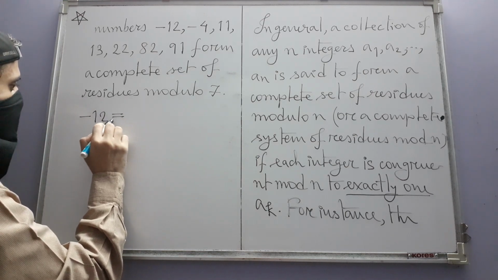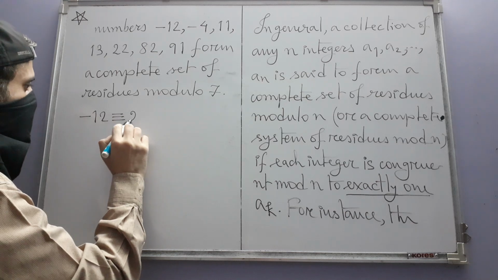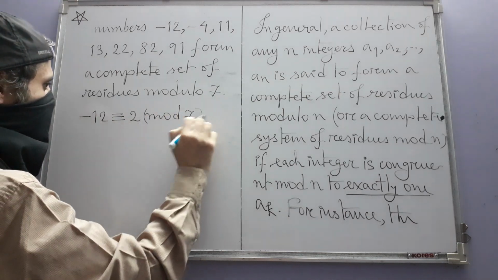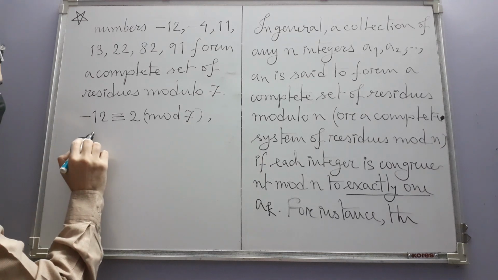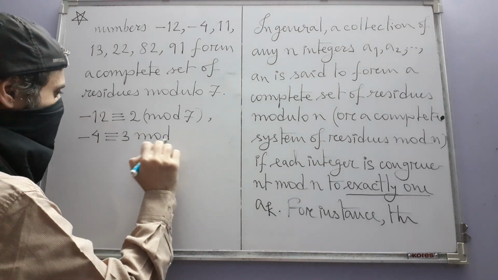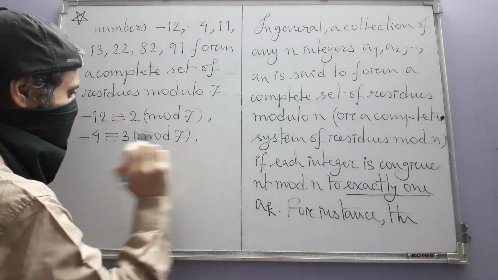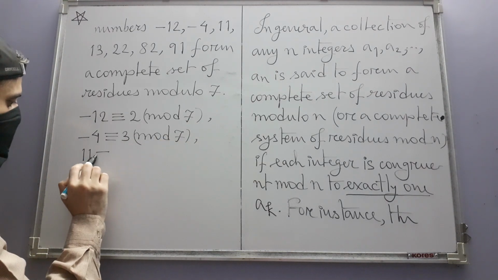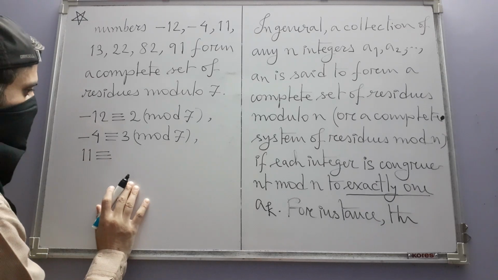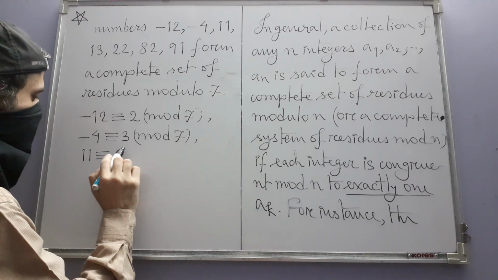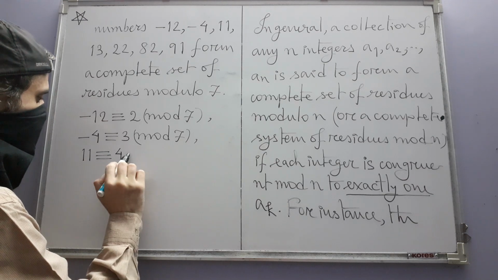Minus 12 is congruent to 2 mod 7. Then minus 4 is congruent to 3 mod 7. Eleven will be congruent to 4 mod 7.